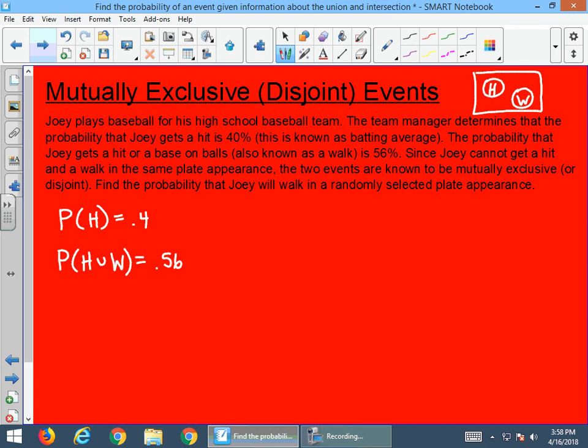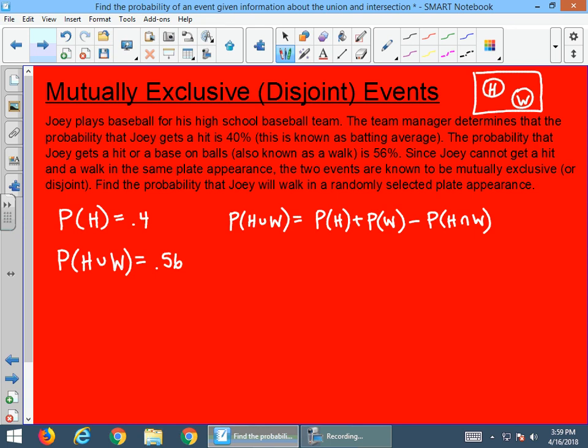I am going to do this exactly like I did the last problem. So the probability of hit or walk is equal to the probability of hit plus the probability of walk minus the intersection, the probability of hit and walk.